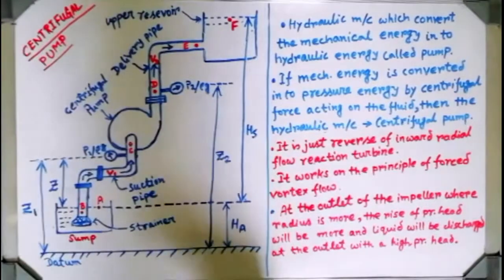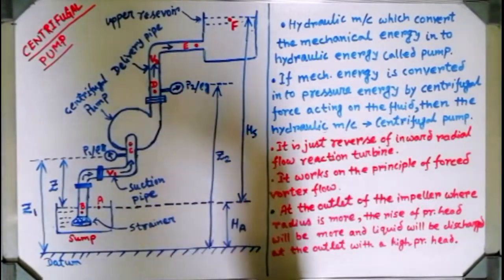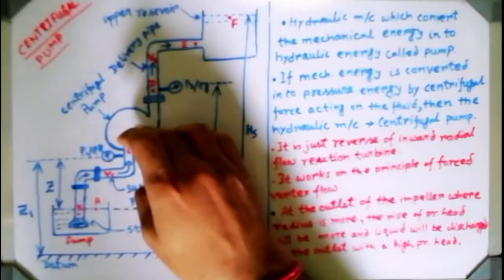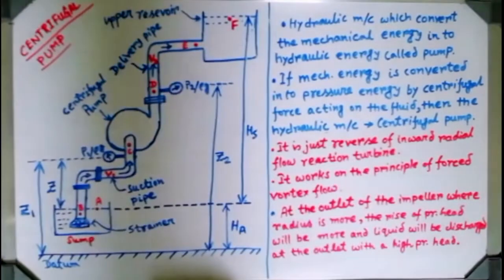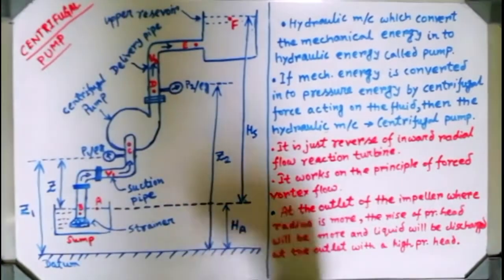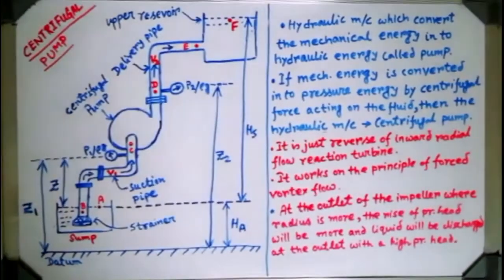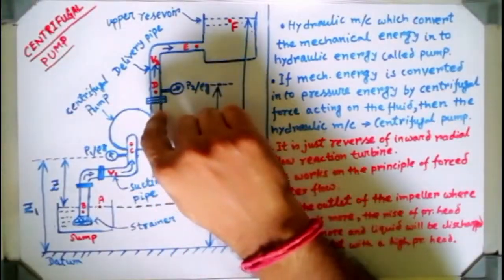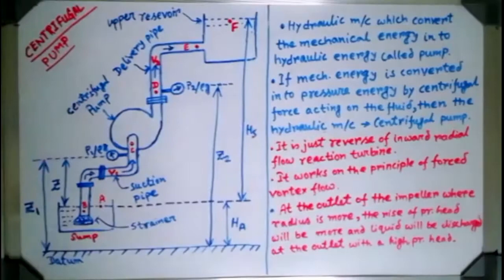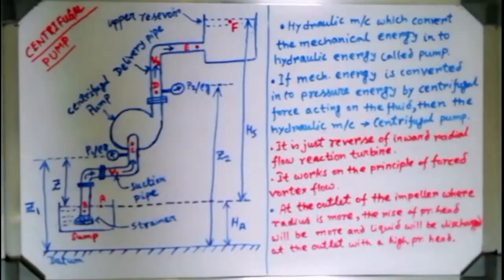As a result, the pressure head gradually increases from inlet to outlet as the working fluid moves. Due to that reason, the pressure head is highly increased when the fluid goes out from the delivery side compared with the inlet side.